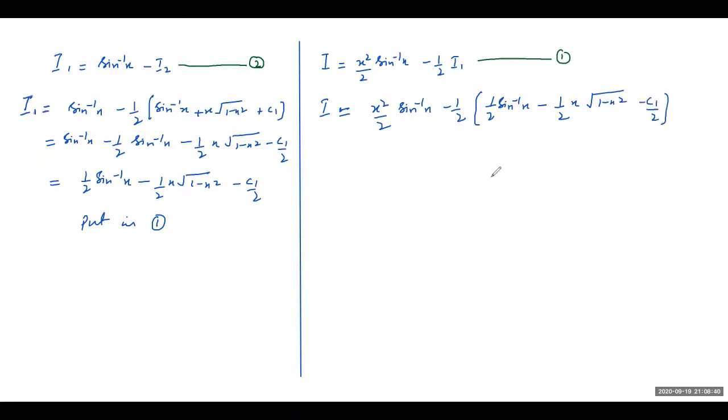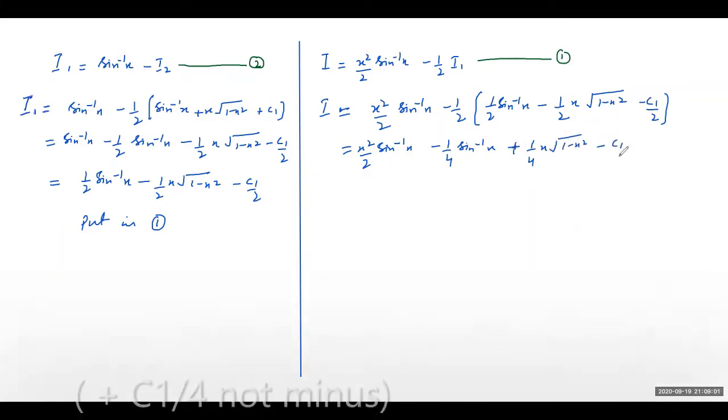Just open up the bracket and you will get your result, which is equal to x square by 2 sine inverse x minus 1 by 4 sine inverse x plus 1 by 4 x into square root of 1 minus x square minus c1 by 4.